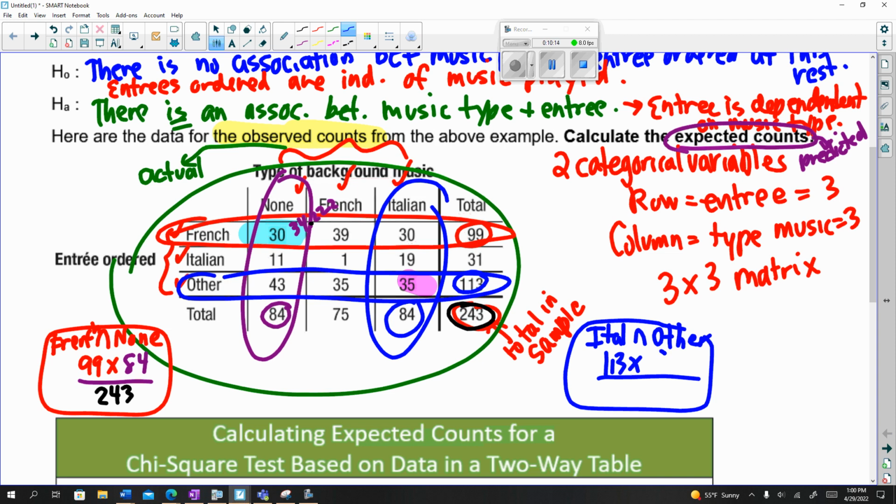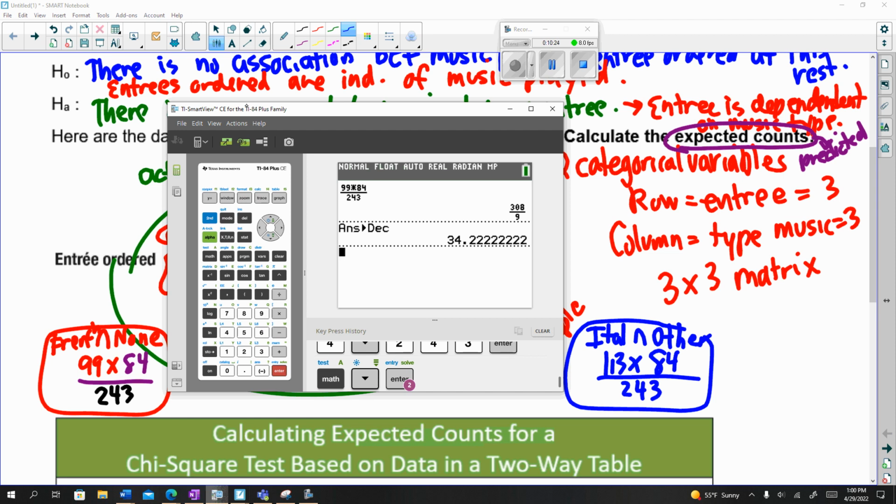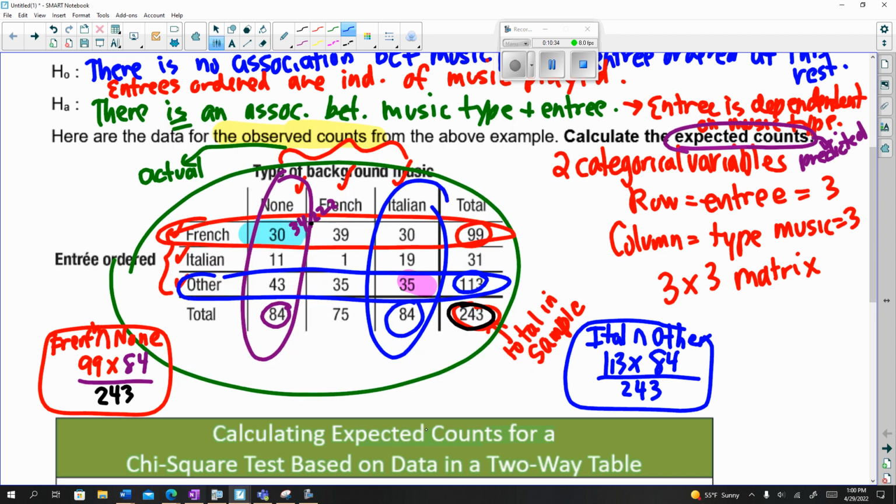And the total is the same, 243. So I did 113 times 84 divided by 243. Let's do that now. 113 times 84, enter, divided by 243. Sometimes this is quicker. So I got 39.06, and I'm going to write that in next to the cell.